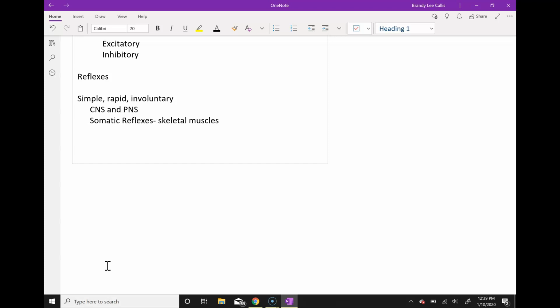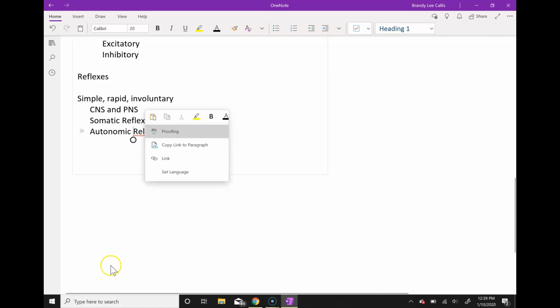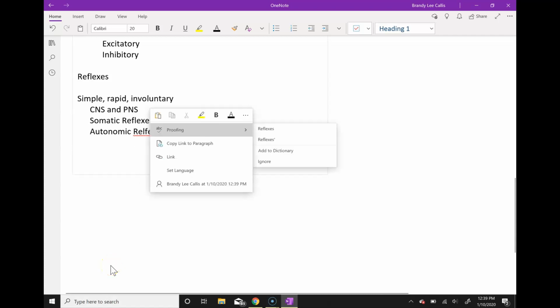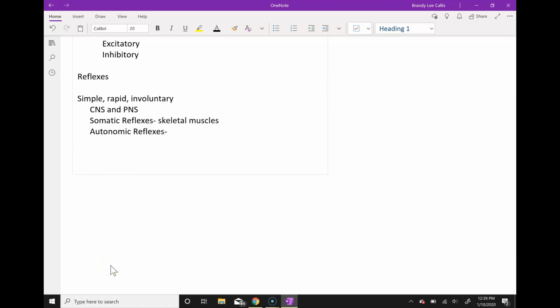And then there are autonomic reflexes. Apparently I can't spell still. These are involuntary stimuli to cardiac muscle and the smooth muscle in your organs.